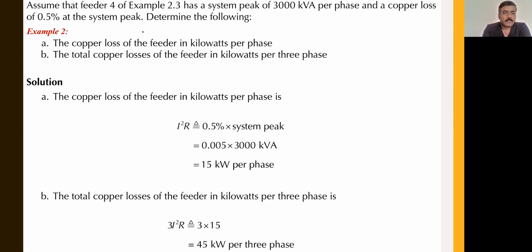Now determine the copper loss of the feeder in kilowatts per phase as well as the total copper loss of the feeder in kilowatts for 3 phases. We know that copper power loss is simply expressed as I square R. The copper loss is 0.5% at the system peak, which is 3000 kVA. So 0.5% of 3000 kVA gives about 15 kilowatts, which is the per phase value. The second problem is to calculate the total copper loss of the feeder in kilowatts for 3 phases. So the total for 3 phases is 3 into I square R. That is 15 kilowatts into 3, so we get about 45 kilowatts for 3 phases.